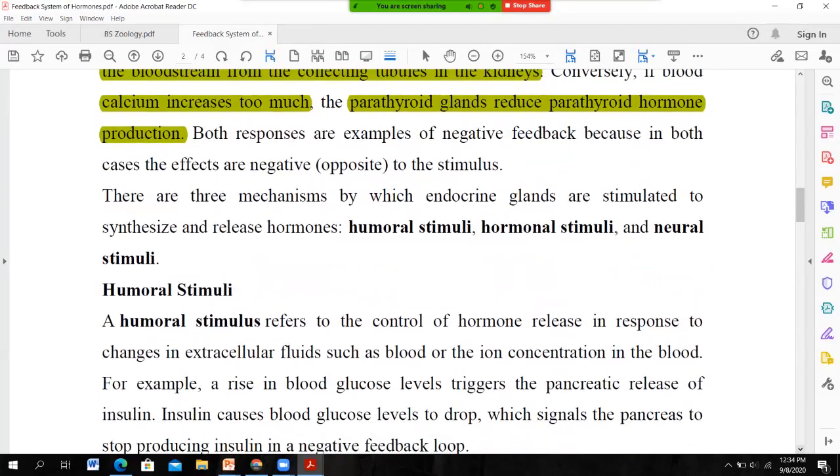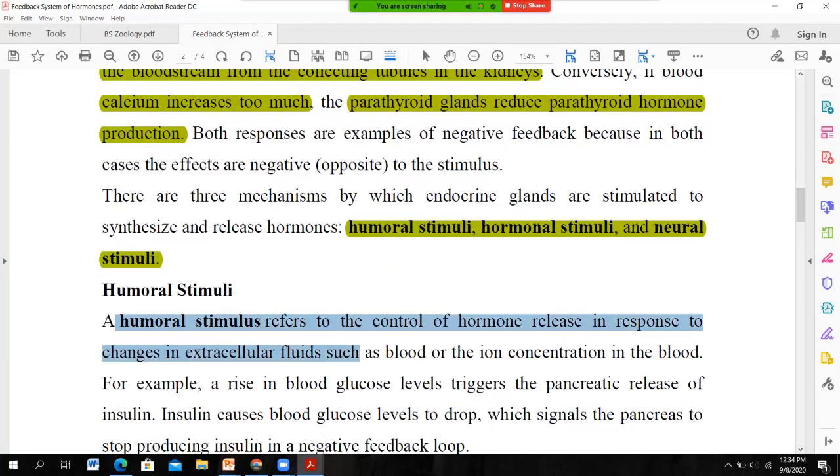Negative feedback mechanisms are under the control of three important stimuli: humoral stimulus, hormonal stimulus, and neural stimulus. A humoral stimulus refers to the control of hormone release in response to changes in the extracellular fluid, such as blood ion concentration.